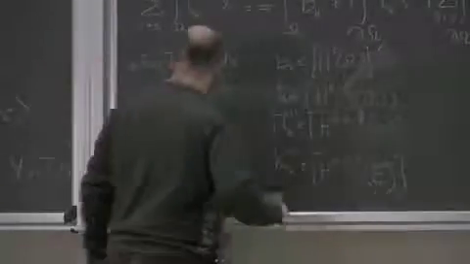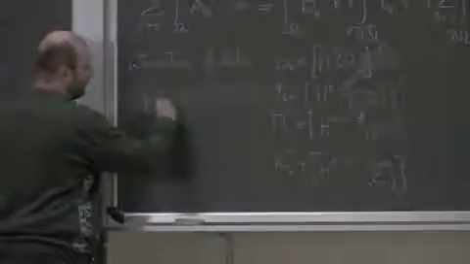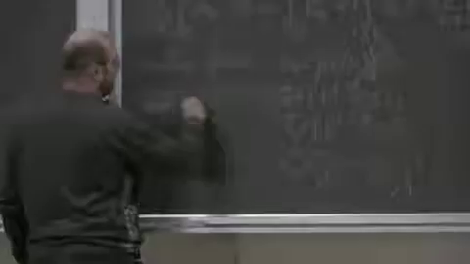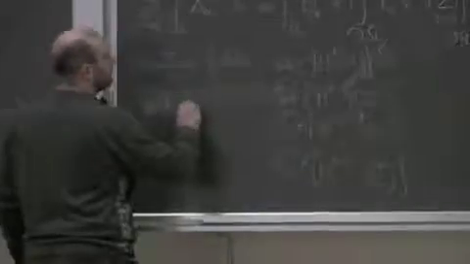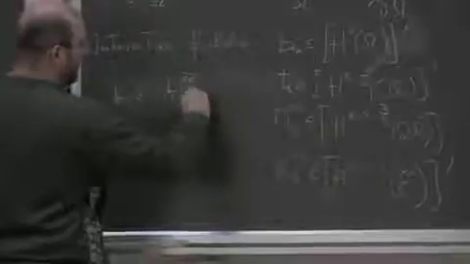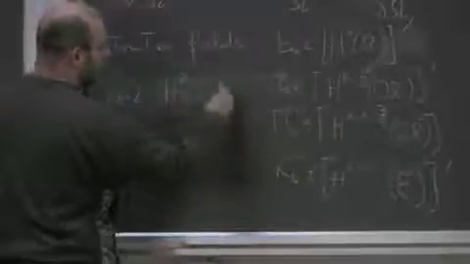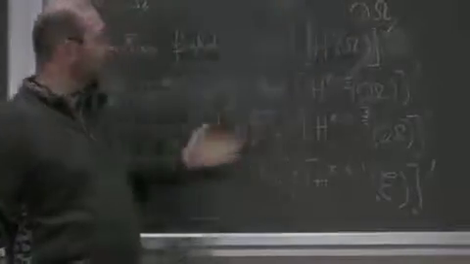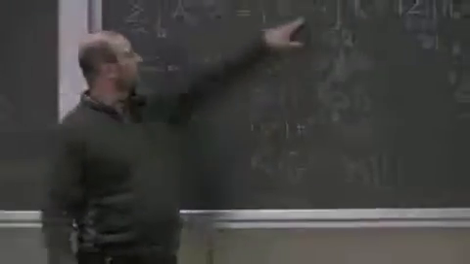If we take K equal to 2, the space becomes H2 from omega with values, let's say, in R3. In this case, I will use this for fluids. V is a velocity field in R3, so it has 3 components.